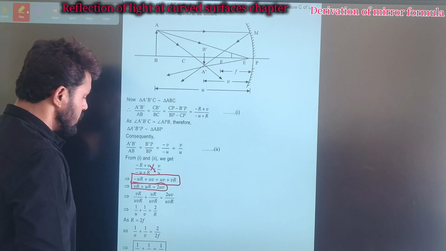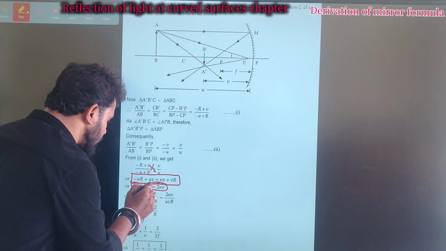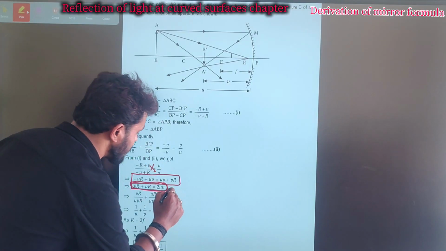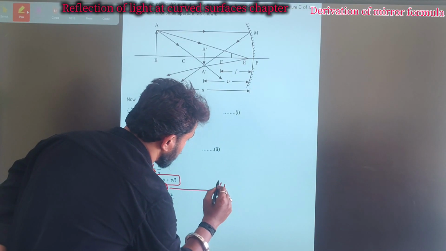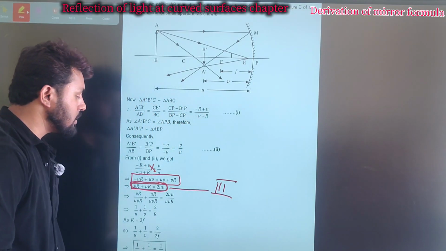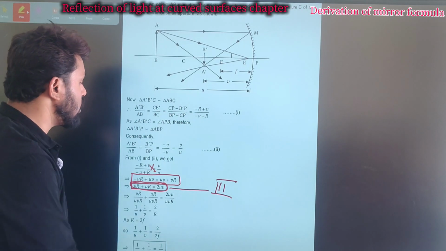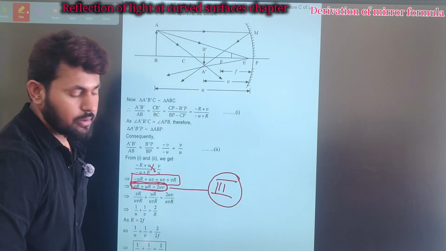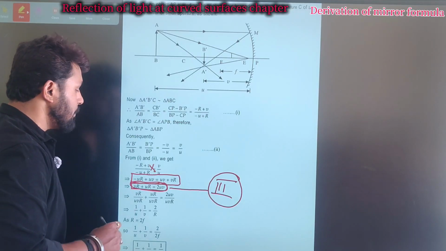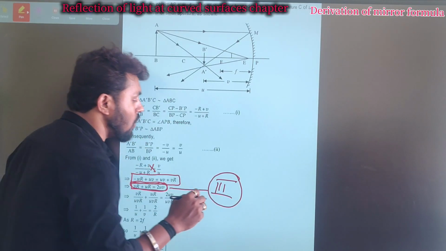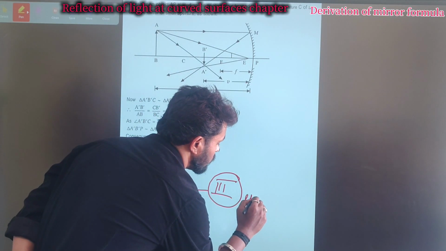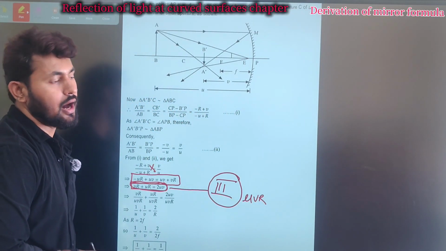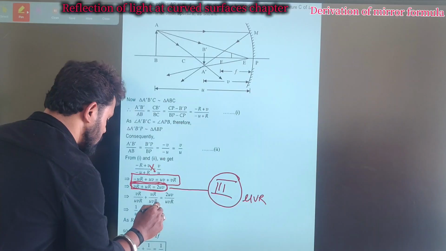Let's say this equation is number 3. If you divide this whole equation number 3 by a common term, U, V, R, you will get this equation.